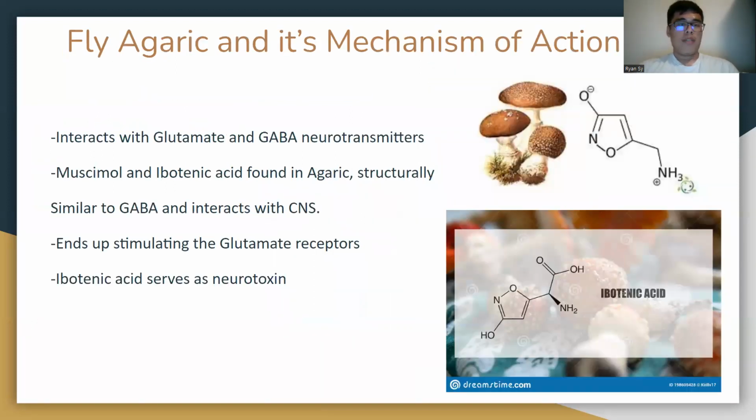Moving on, fly agaric's mechanism of action is that it interacts with the glutamate and GABA neurotransmitters, but mainly the glutamate. Ibotenic acid and muscimol can be found in agaric. That is the main compound. However, it is very structurally similar to GABA and ends up interacting with the central nervous system, which is our brain. From there, it ends up stimulating our glutamate receptors.